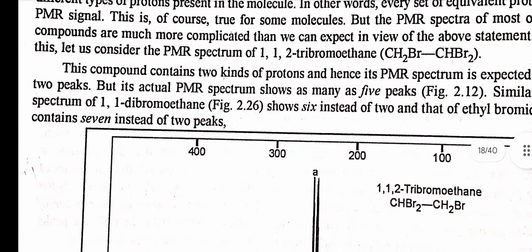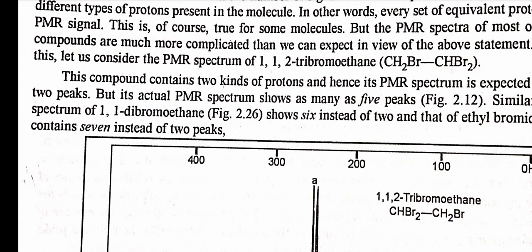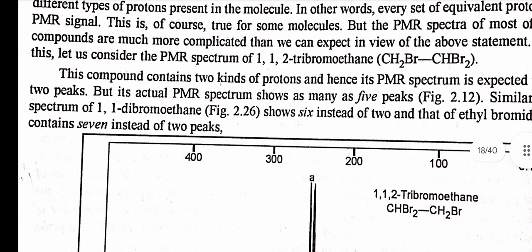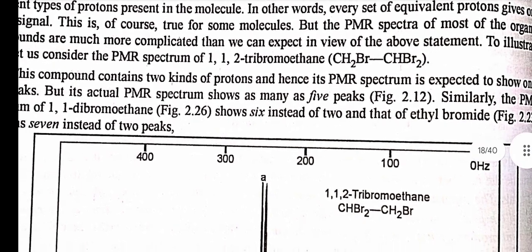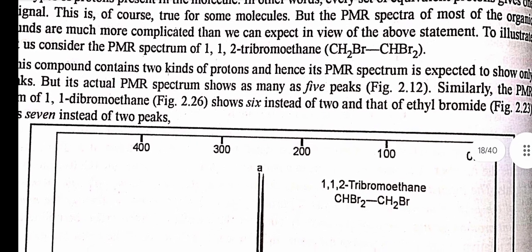To illustrate this, let us consider the PMR spectrum of 1,1,2-tribromoethane. This compound contains two kinds of protons and hence its PMR spectrum is expected to show only two peaks. But its actual PMR spectrum shows as many as 5 peaks.